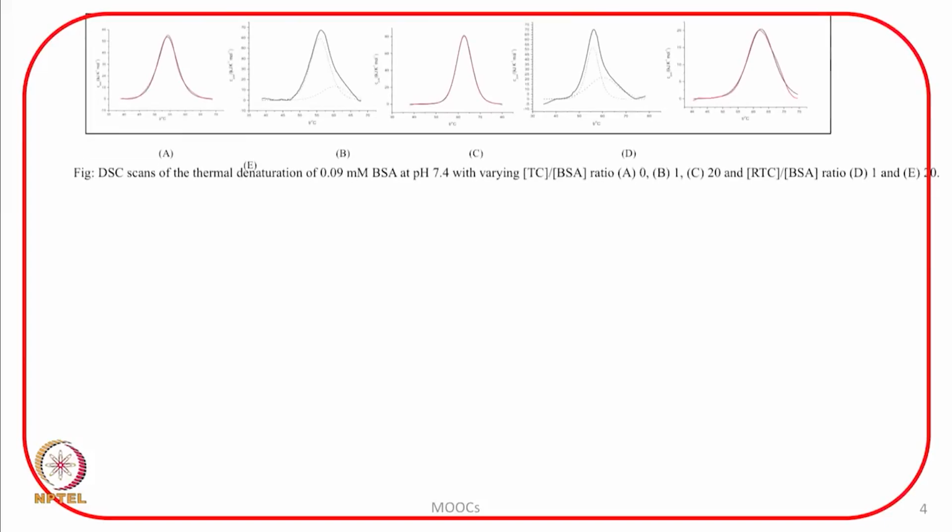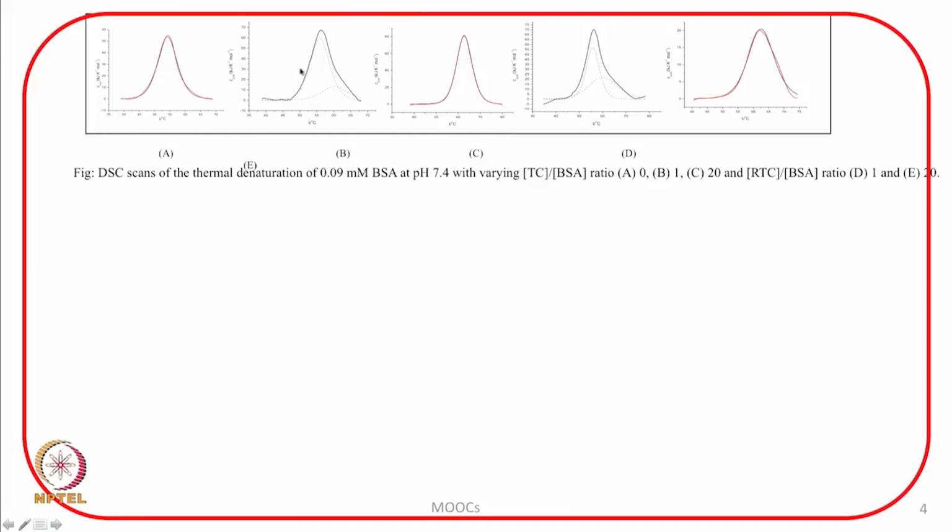Now, let us take a look at this figure. These figures correspond to DSC scans of thermal denaturation of bovine serum albumin at pH 7.4 in varying molar ratios of tetracycline to BSA. This one is without any tetracycline.